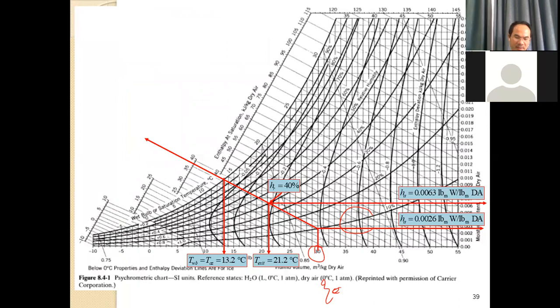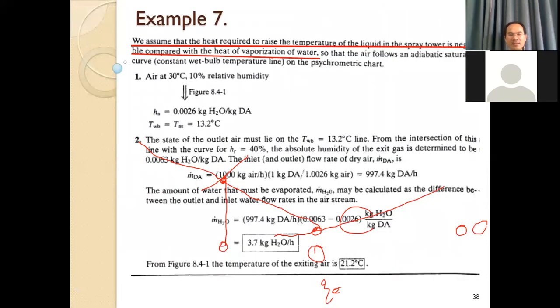From the inlet air, you know the absolute humidity at this point, 0.0026. We also draw the line parallel to the enthalpy line and cross the 100% relative humidity saturation line, and you get the wet-bulb temperature at 13.2 Celsius. This is the operation line. From the inlet air, we know the absolute humidity and the wet-bulb temperature.